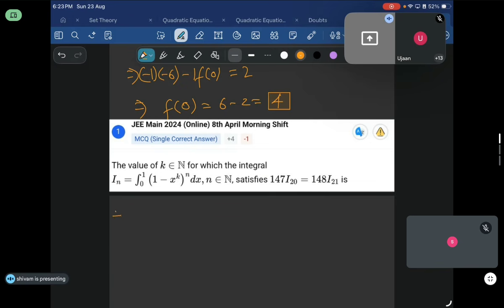So the best way, that is the hint you have to take, and you have to write (1 minus x to the power k) whole to the power n as (1 minus x to the power k) into (1 minus x to the power k) whole to the power n minus 1, dx. Tell me, are you people getting? Next.